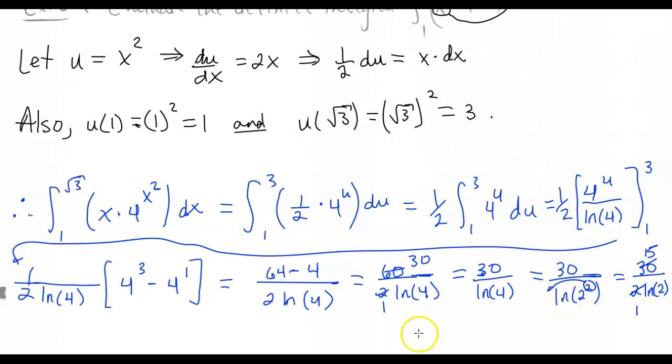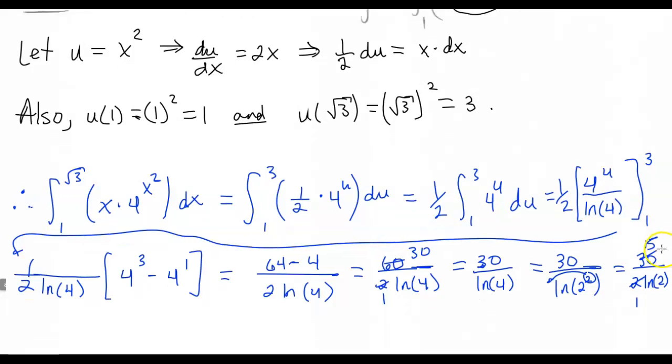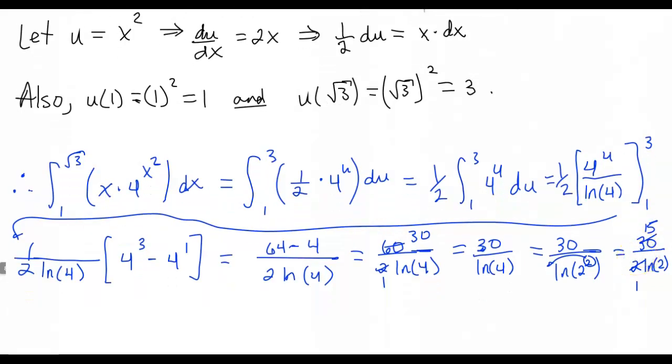So we'll have 15 divided by natural log of 2. And so our final answer here will just be 15 divided by natural log of 2. So that'll be our final most simplified type of answer.